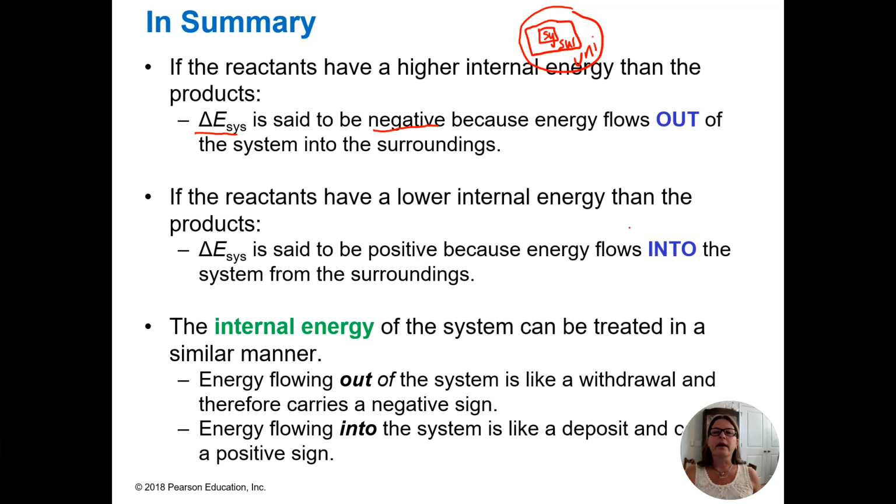So if delta E of the system is negative, energy is going from the system into the surroundings. If delta E is positive, the energy is flowing from the surroundings into the system. Okay?